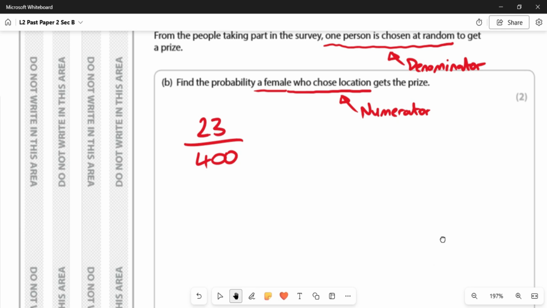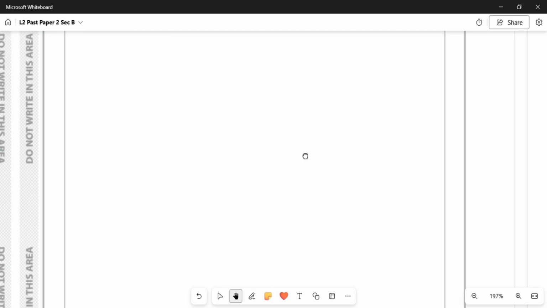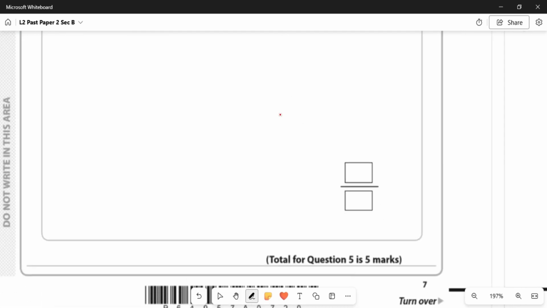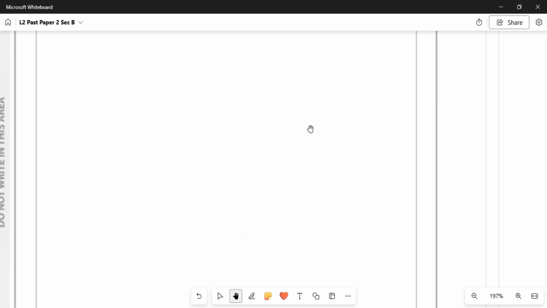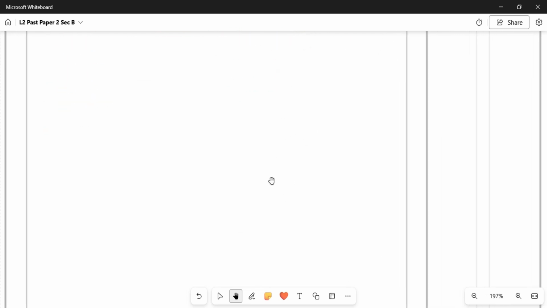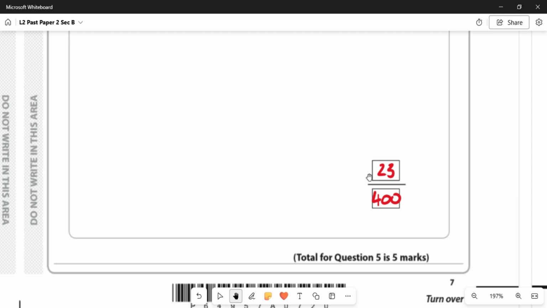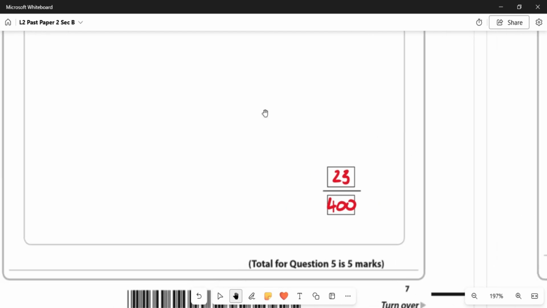And it didn't say simplify, just put your answer. So you put 23 out of 400 like that. And that gets you another 2 marks. Obviously, you get 1 mark for the numerator, 1 mark for the denominator. Let's move on to the next question.